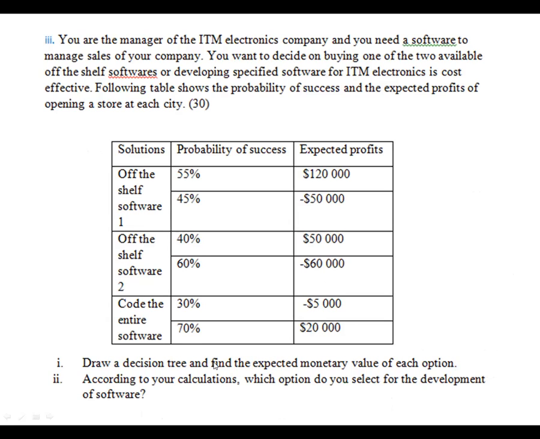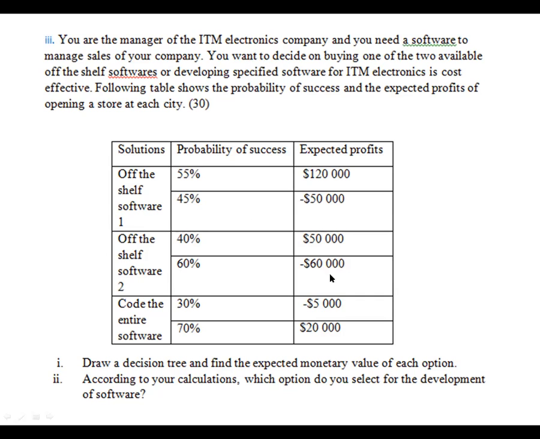There are 2 off-the-shelf software options available, and the other way around, you can code it by yourself. So there's a percentage given, the probability of success, and the expected profits if you use the particular way of doing that. So this is one example.